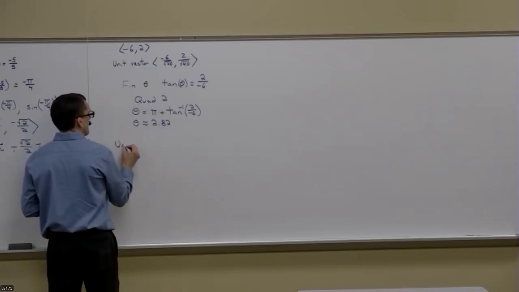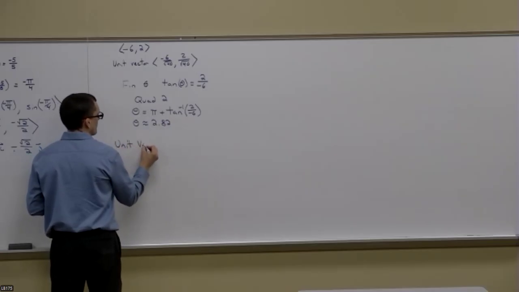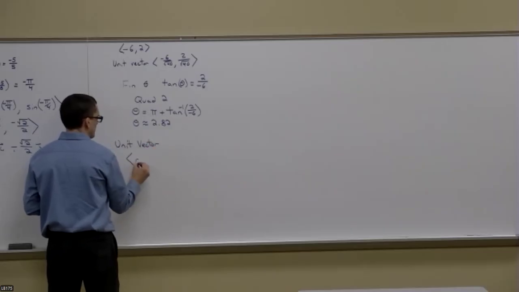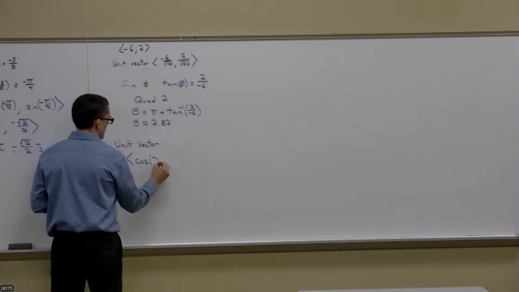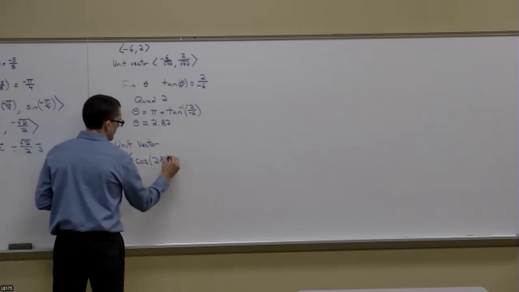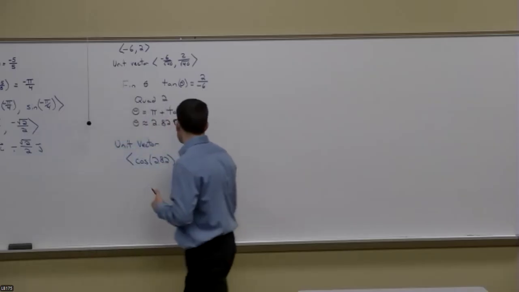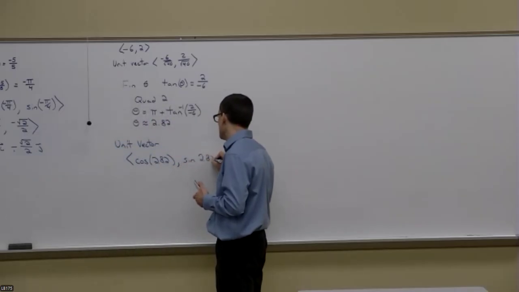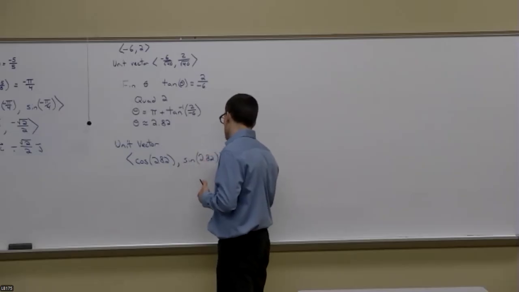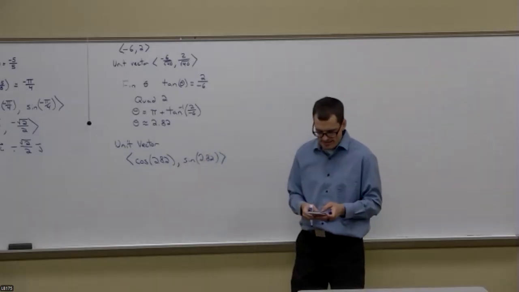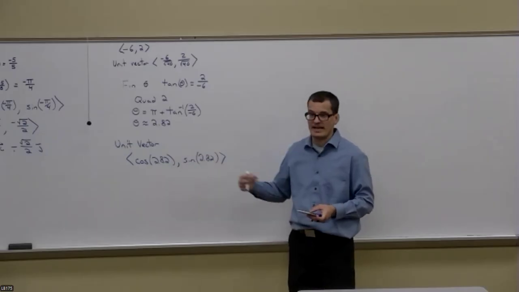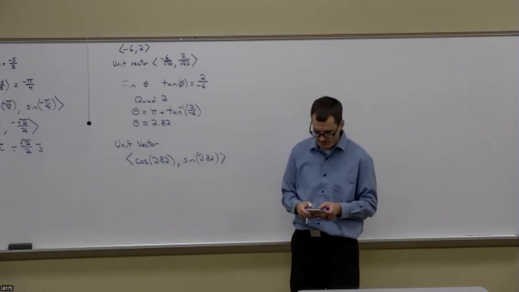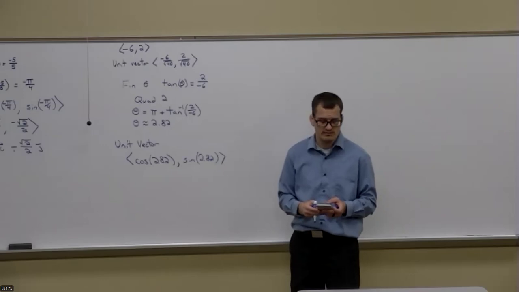And so another way to get this unit vector would be to take the cosine of that 2.82 number, comma, the sine of that 2.82 number. Now, I'm just going to do cosine of my answer, so I'm not going to round it.